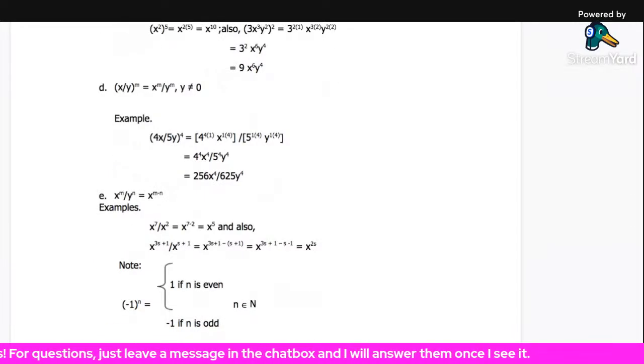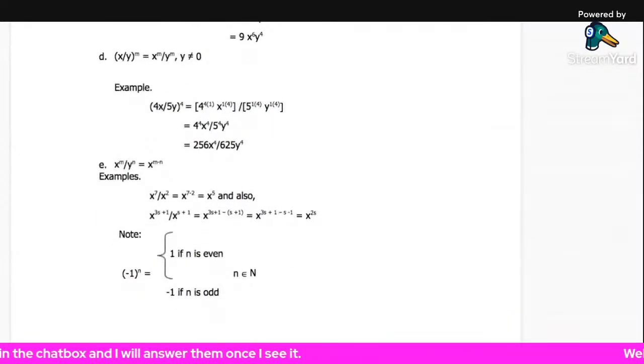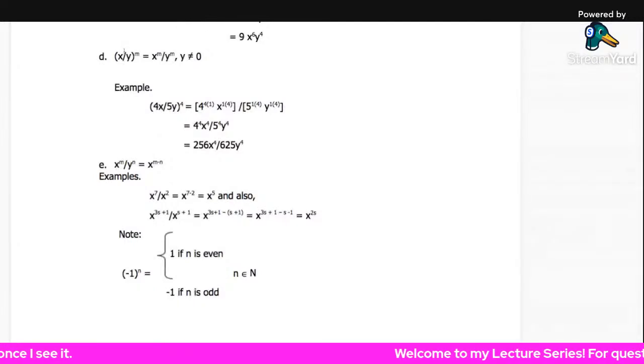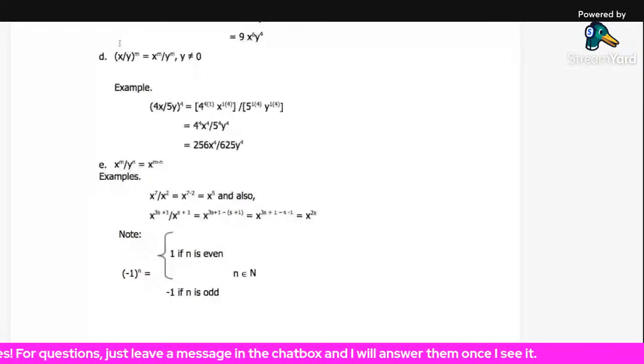So here in the fourth law, this would involve division. X divided by y, or x over y, the quantity x over y raised to m. So again, you just raise both the numerator and denominator with the power m.